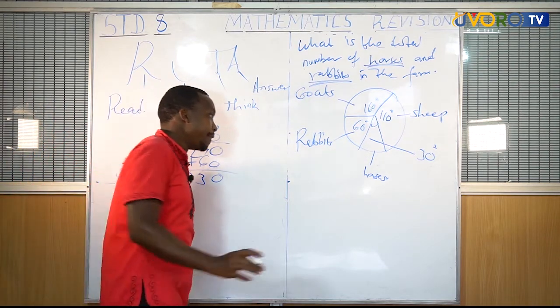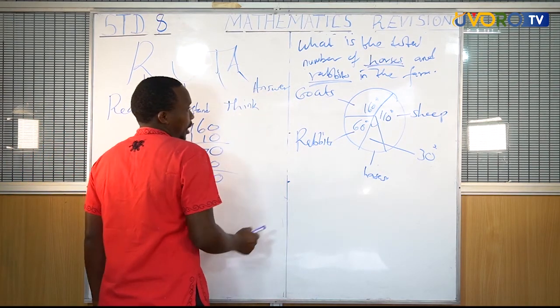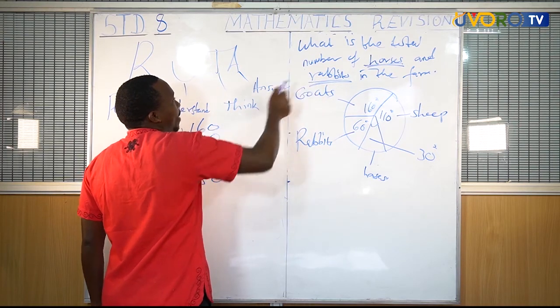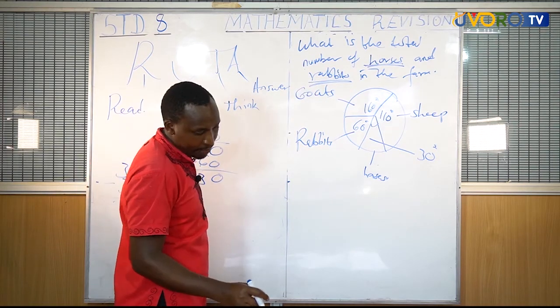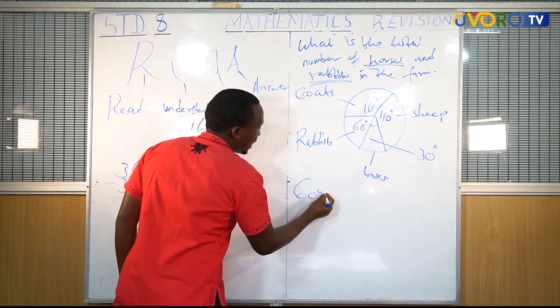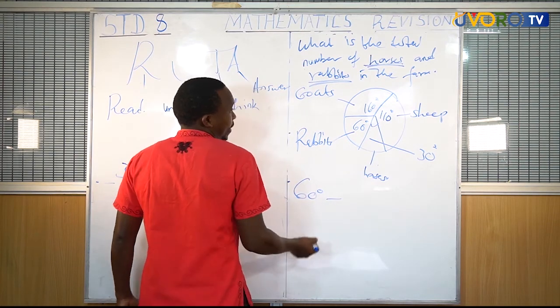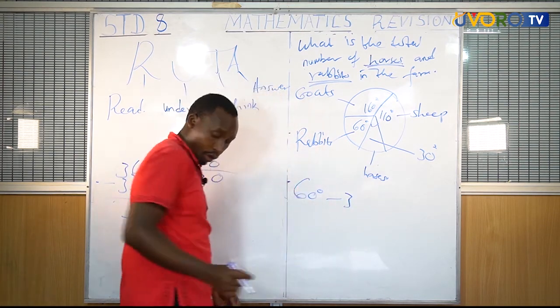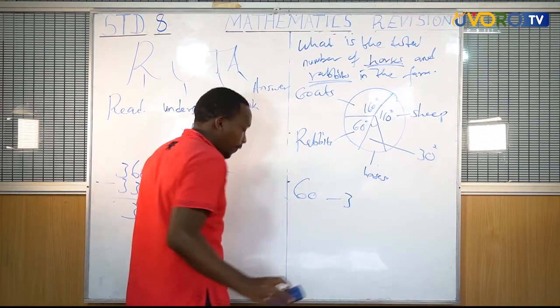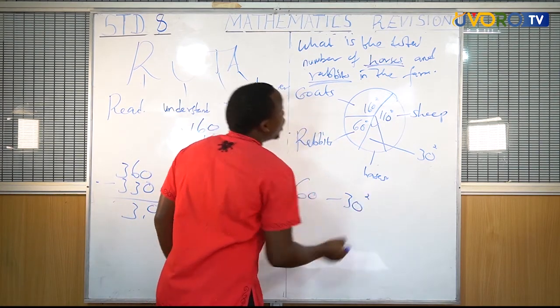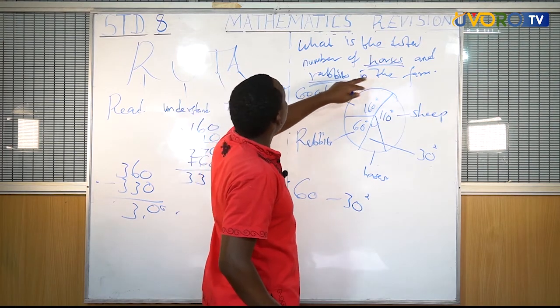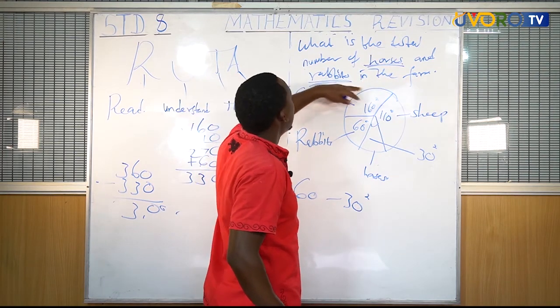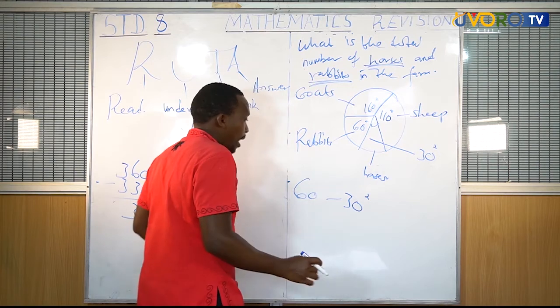Now, you are told the number of horses is 60. These 60 animals are for the 30 degrees. You are told, what is the total number of horses and rabbits in the farm?